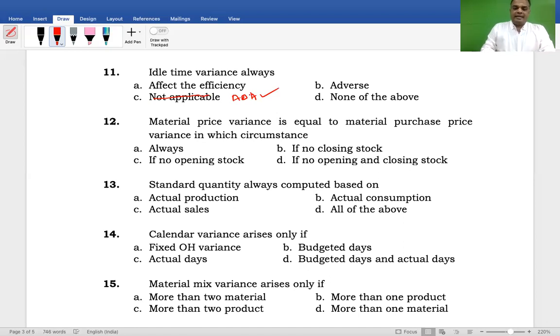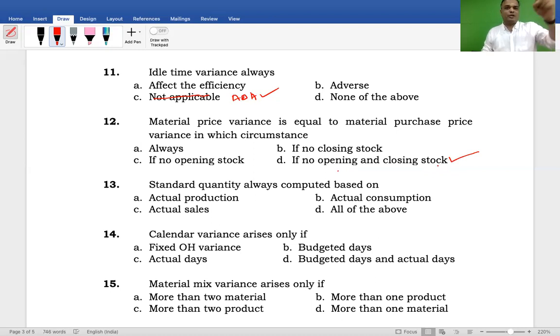Material price variance is equal to material purchase price variance in which circumstance? A, always equal; B, if no closing stock; C, if no opening stock; D, if no opening and closing stock. D, sir, there is no opening and closing stock. Understood?